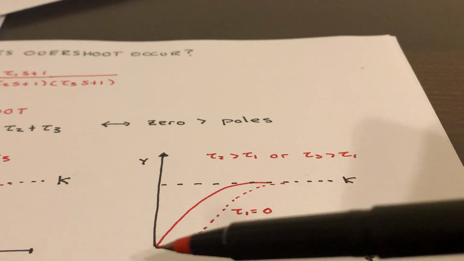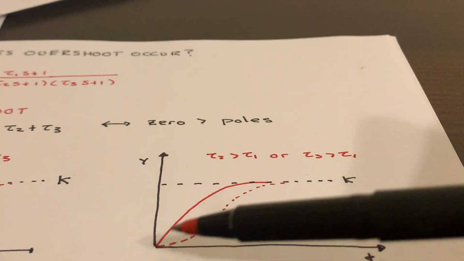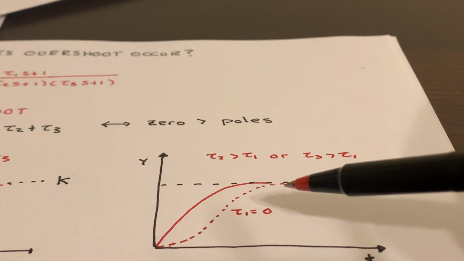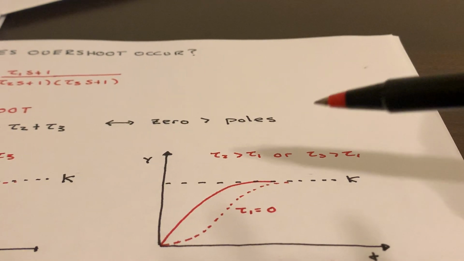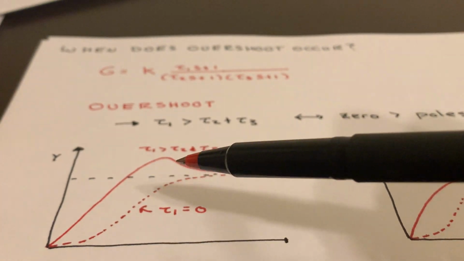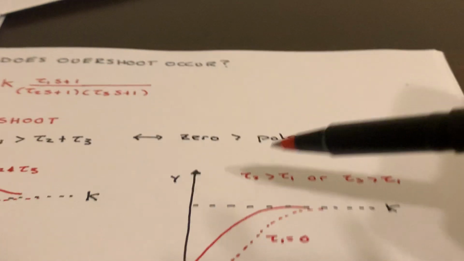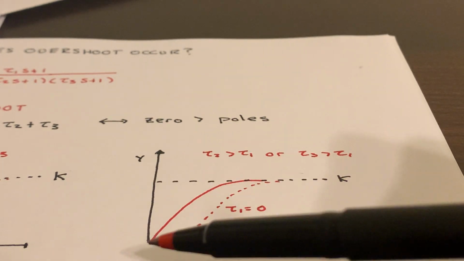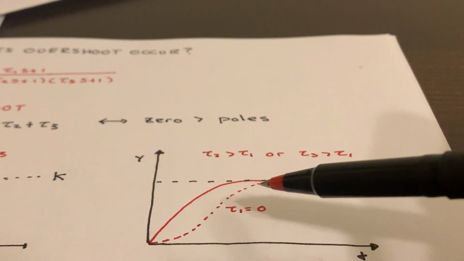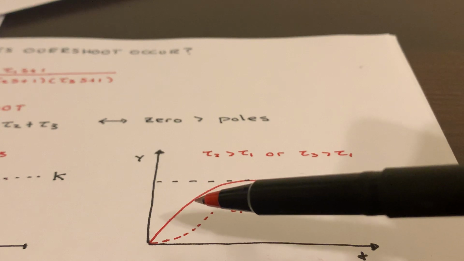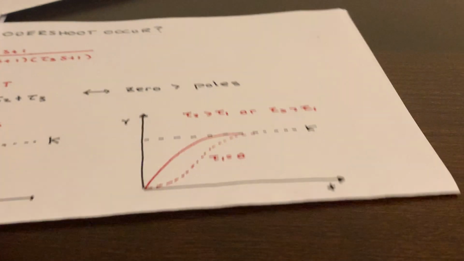Now, if that acceleration gets really big, it'll have overshoot. But in this case, we have a monotonic convergence towards the steady state. So again, we can have overshoot if the zero is bigger than the poles. But if the zero is not bigger than the poles, then we have a monotonic response that's faster than the system without the zero.